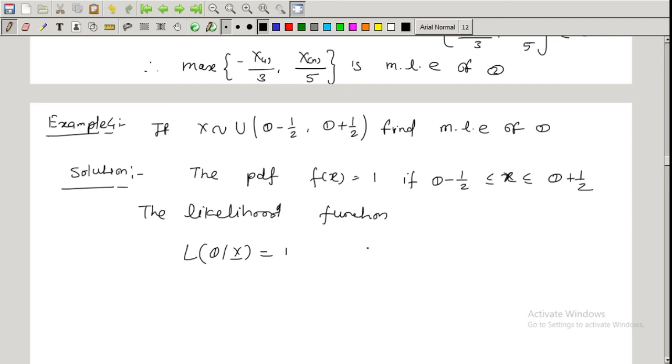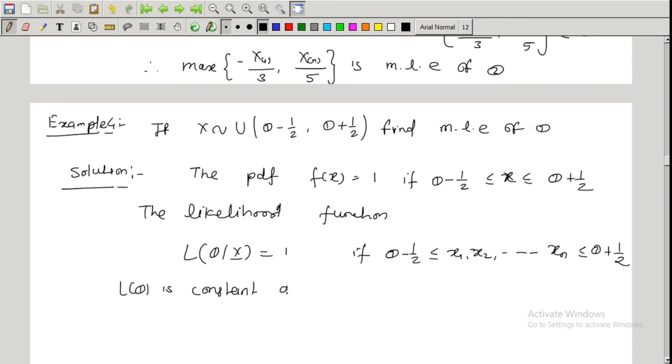So the range: theta minus 1 by 2 is less than or equal to x1, x2, up to xn, which is less than or equal to theta plus 1 by 2. So here L of theta is constant, and it is not a function of theta.